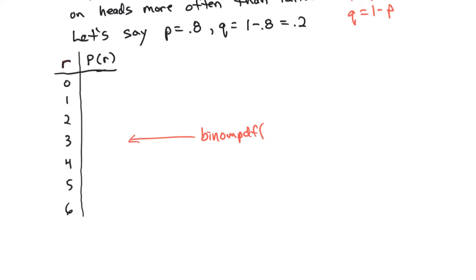So what we have to do, let's do the same thing. I'm going to do the first one, then have you guys try them. Just make sure, let's again round to the 3rd decimal place, the 1,000th place, right? Just get practice with the rounding. So if I want to figure out this one, I just have to plug in binomial PDF, N, P, R. So we got 6, 0.8, and 3.